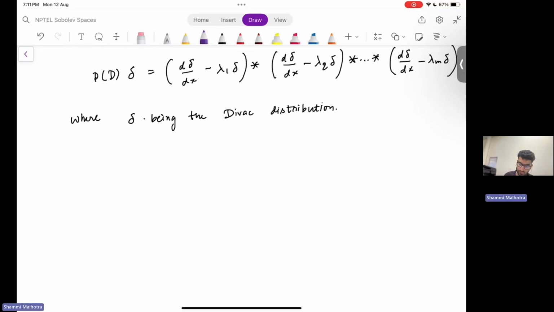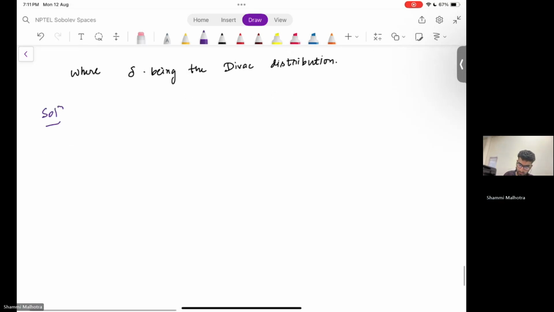So let us solve this. The main idea we will use is that the convolution of delta with a distribution is the distribution itself. That's the key fact we use.